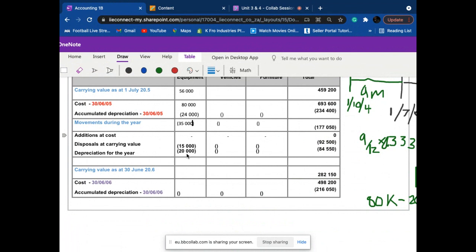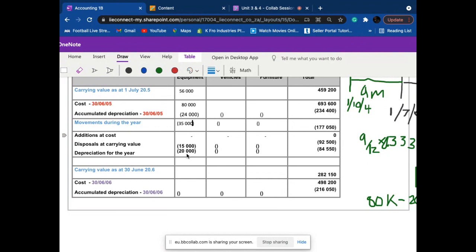But why can't we just take this 24,000 and add it to the 20,000? Accumulated depreciation is basically all the depreciation that we've had on whatever respective asset. So we have this accumulated depreciation at the beginning of our financial year, and we have this depreciation that took place during the financial year. So why can't we just add these two to get the accumulated depreciation at the end of our financial year?